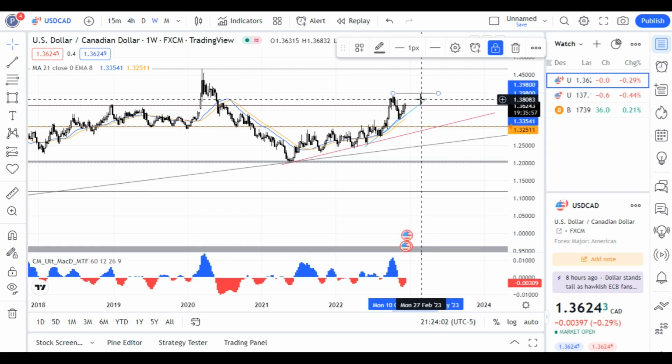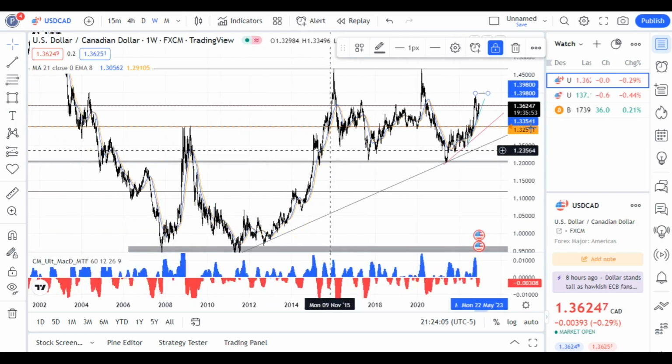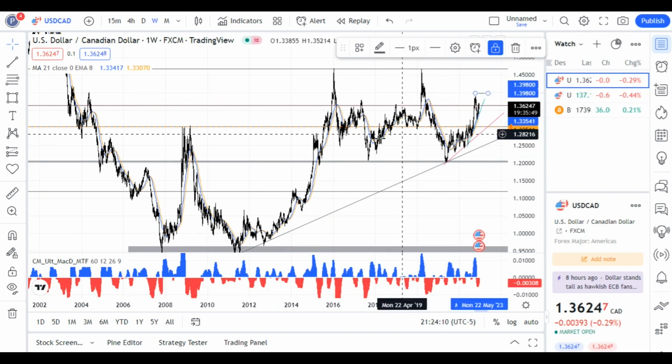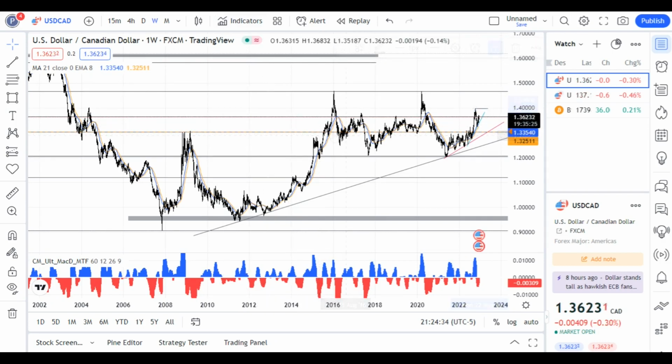Okay guys, that's all we can say now, and the little update we just made on the USD CAD. So try to get to your charts and put on these levels as well, the ones we just drew. Try to draw them in your charts.